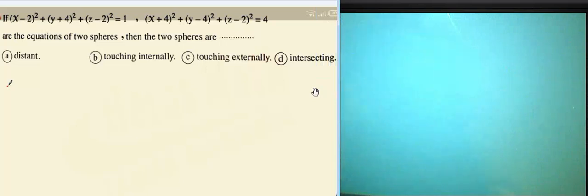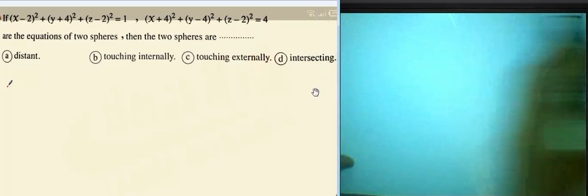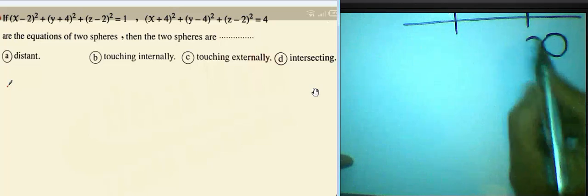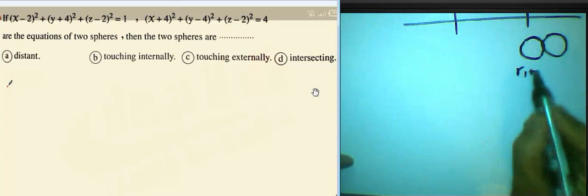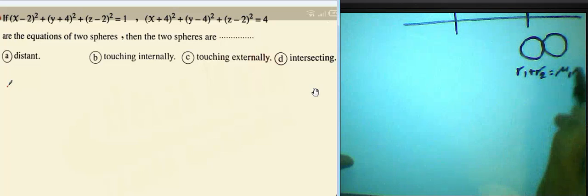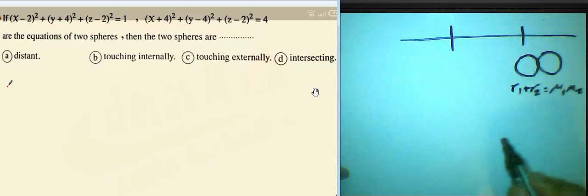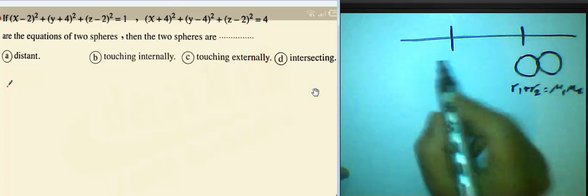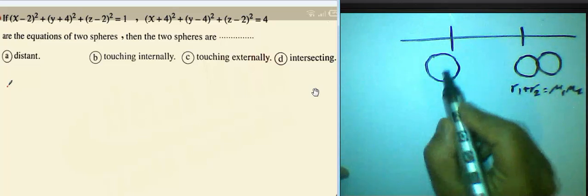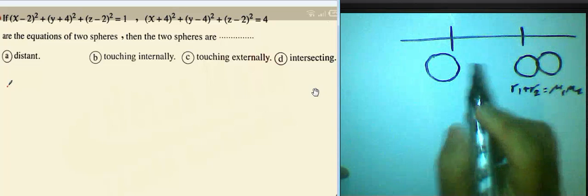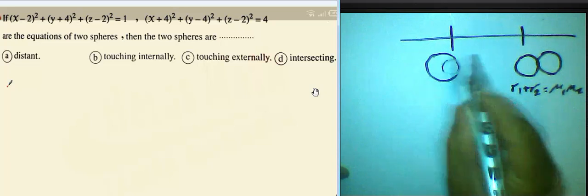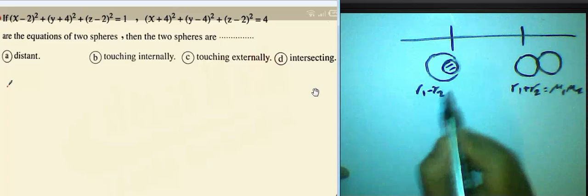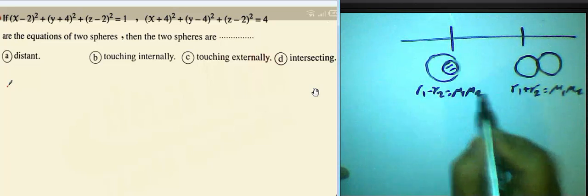If we have two spheres touching externally, then R1 plus R2 equals M1M2. And if the two spheres touch internally, then R1 minus R2 equals M1M2.